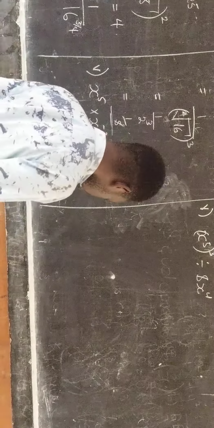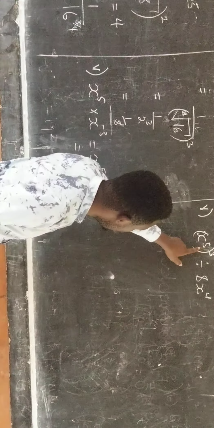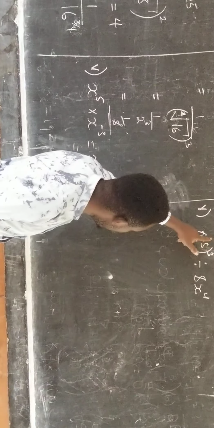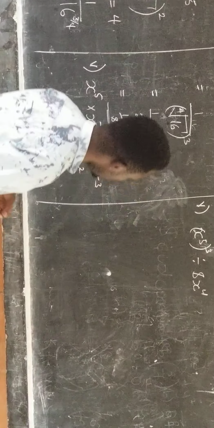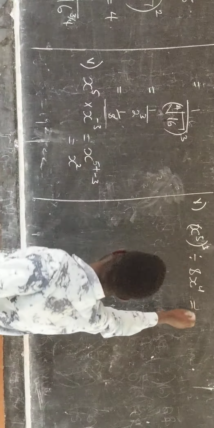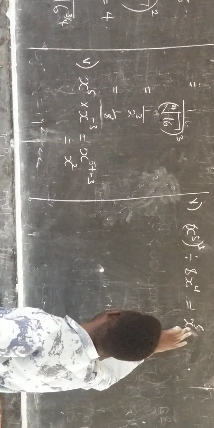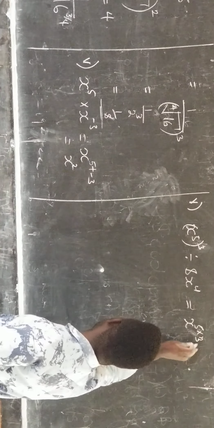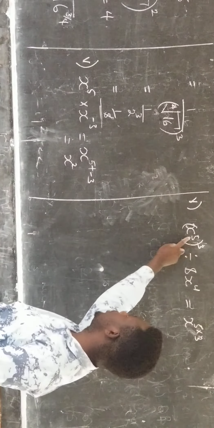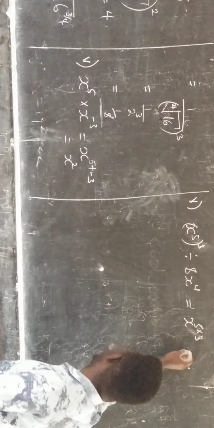The first thing we are going to deal with is the fact that if you have a number that has a power, but it is powered again by another power, we have to multiply the powers. So this is going to be x power 5 times 3. If the powers are powering each other, you just multiply.